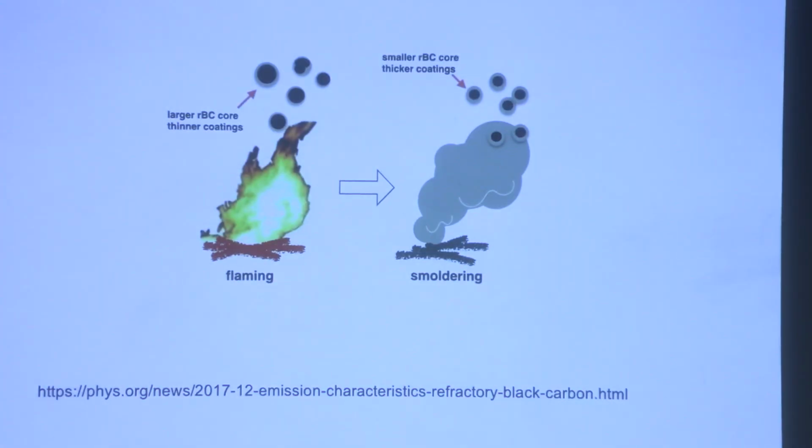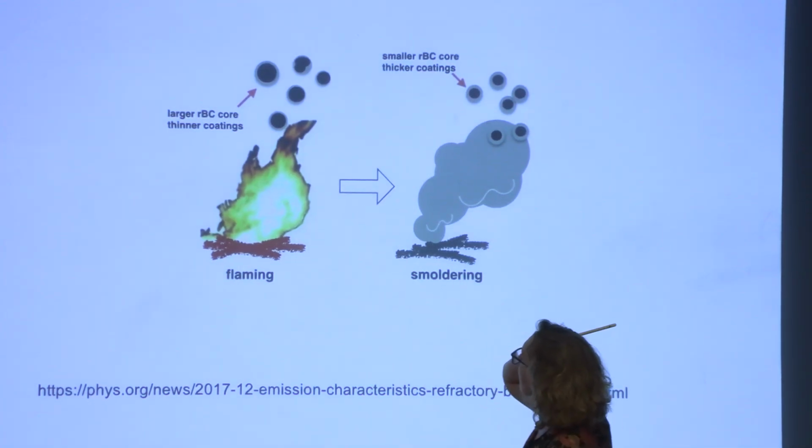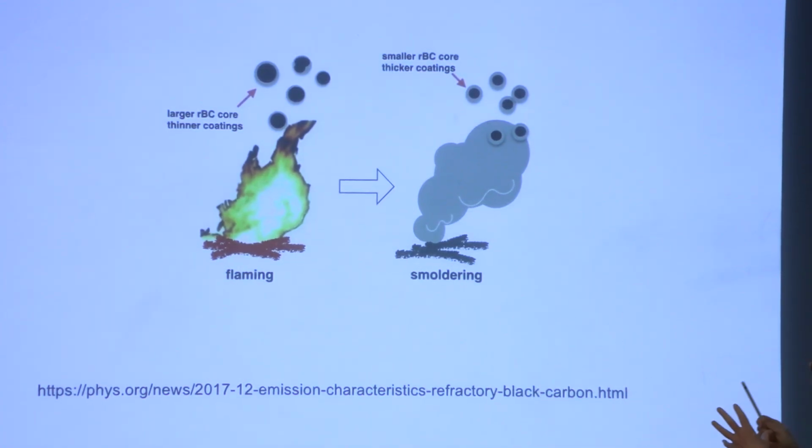And the interesting thing is it has to do with the way the fire is operating. If you have flaming conditions, you're producing larger black carbon cores and thinner coatings. It's always a mixture of black carbon and organic carbon, but the ratio is different, and therefore it looks different and also has different properties.